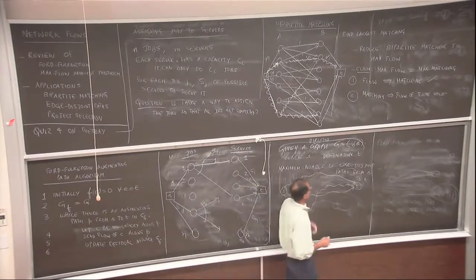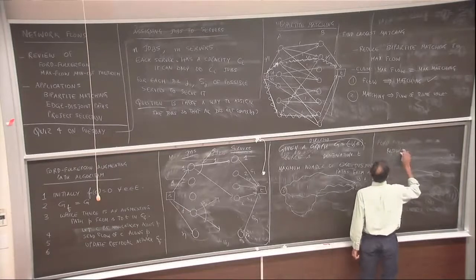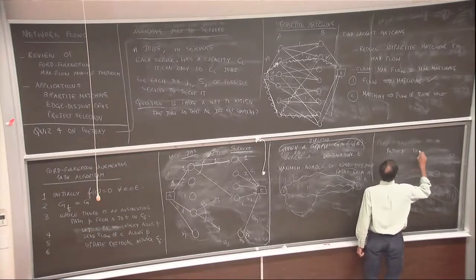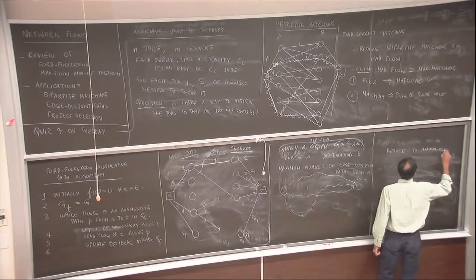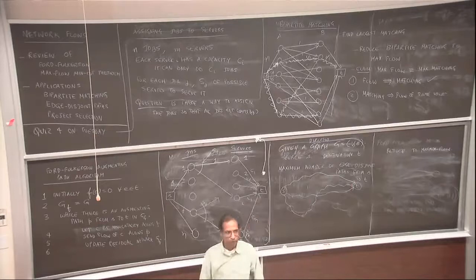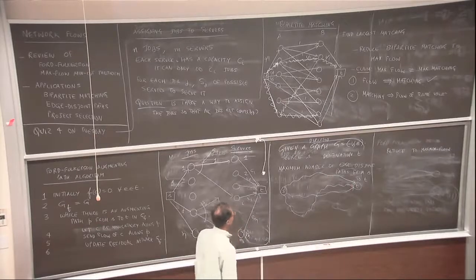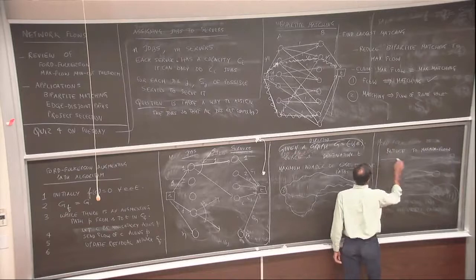You take the graph, so you reduce it to maximum flow. How do you reduce it to maximum flow? Well, you simply build the maximum flow with the same graph.